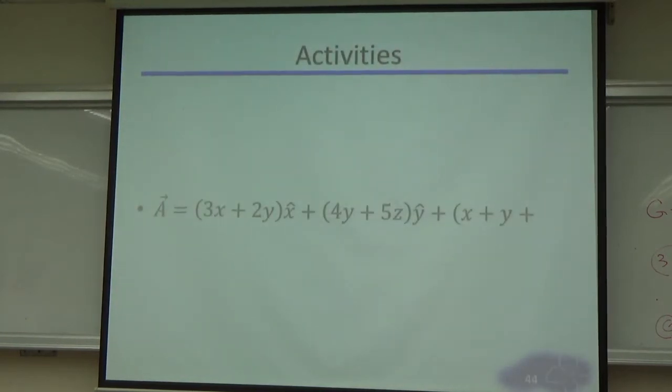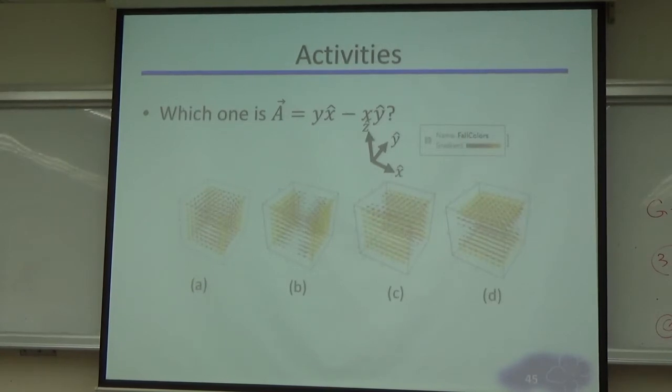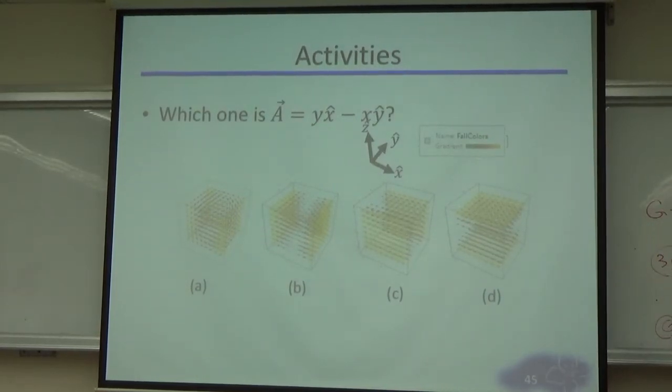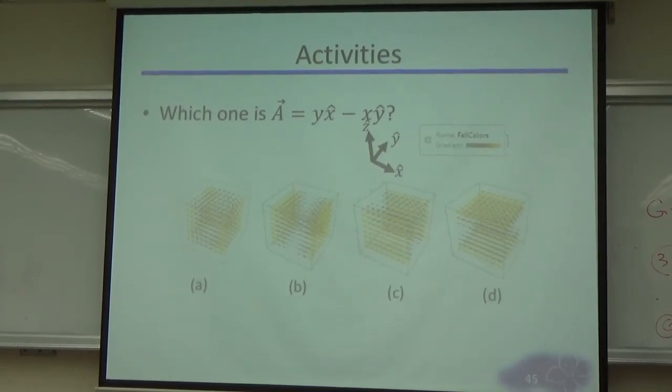Okay, and this is a question. So, this is question number 4. I want you to look at these 4 pictures and tell me which box is vector A equals y times x hat minus x times y hat. This is question number 4. Which one? You don't see that clearly?